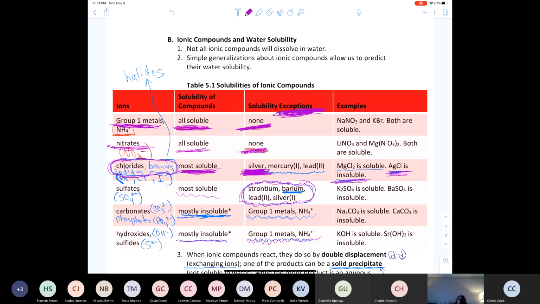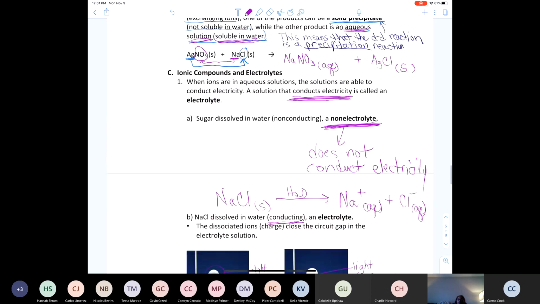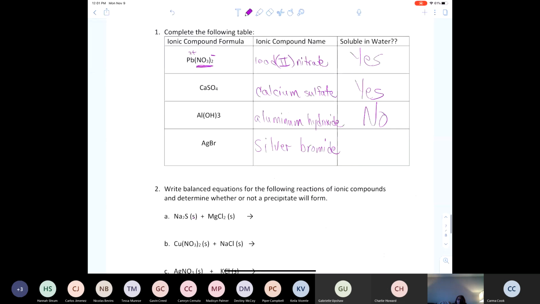And if they are paired with a silver metal, mercury 1 metal, or a lead 2 metal, that's an exception, which means that they're not soluble if they have one of these metals paired with a halide. So silver bromide makes the bromide insoluble. Any questions about number 1?